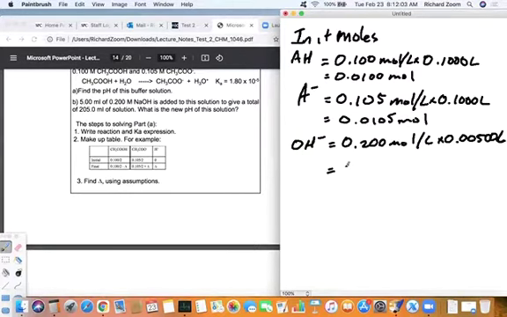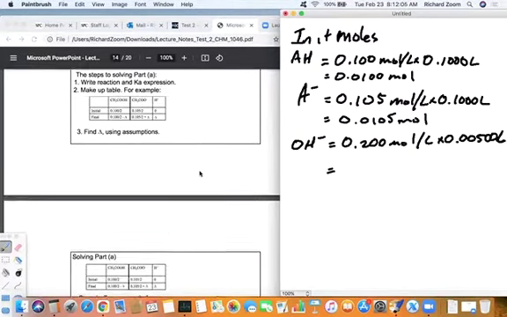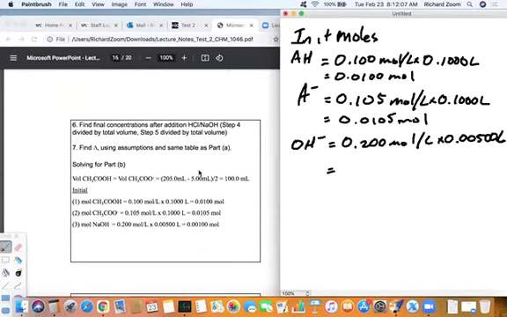And that comes out to be 0.00100 moles. Again, 3 significant figures. Remember, leading zeros aren't significant. All right, does anybody have any questions? So those are all the initial moles.